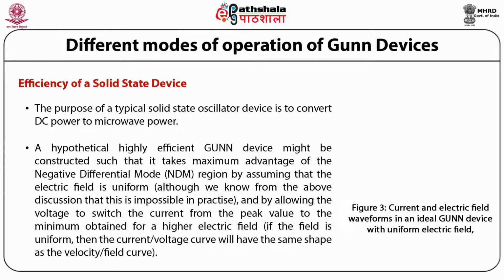That is, if the field is uniform, then the current voltage curve will have the same shape as the velocity field curve. This is shown in this figure, where current and electric field waveforms in an ideal Gunn device with uniform electric field are such that the I by E curve follows the V by E curve.